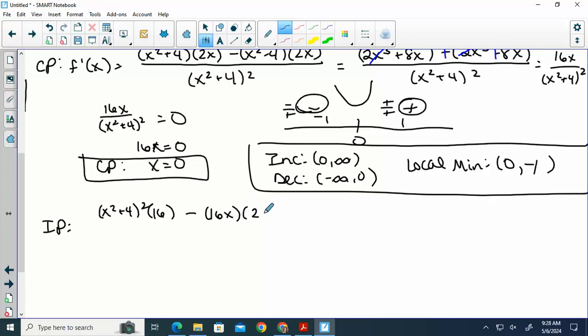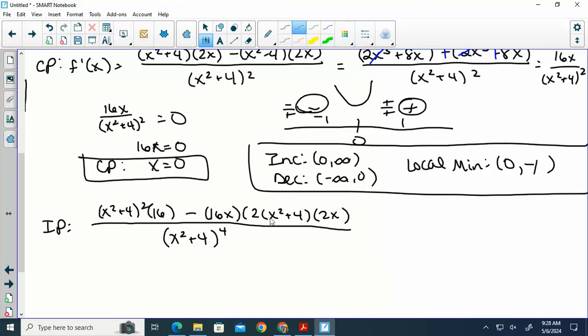So 2 comes down, inside stays the same, subtract 1 from the power times derivative of the inside, over low squared. So if it's squared and you square it again, it becomes to the 4th. What can we do now? Let's make life a little bit easier. Take out one of these.